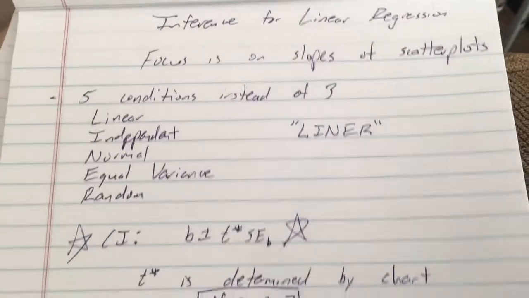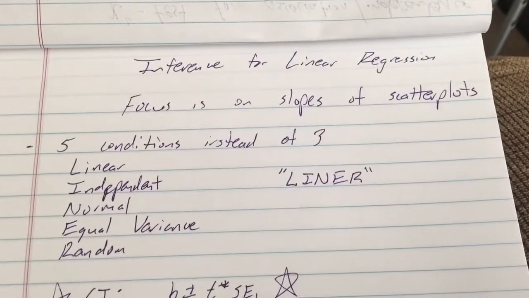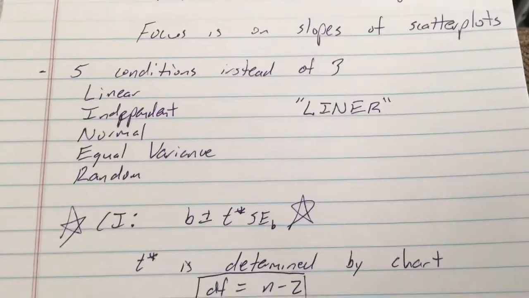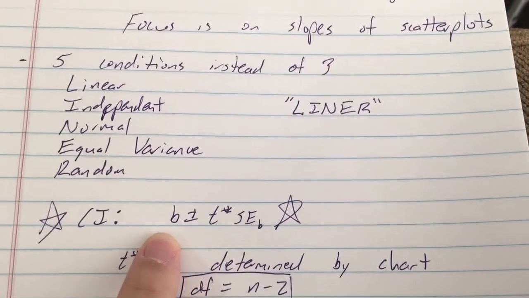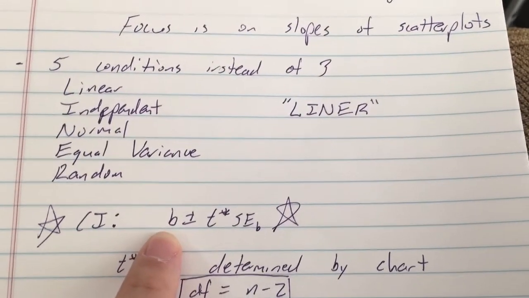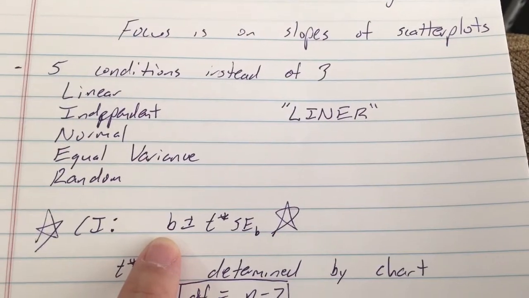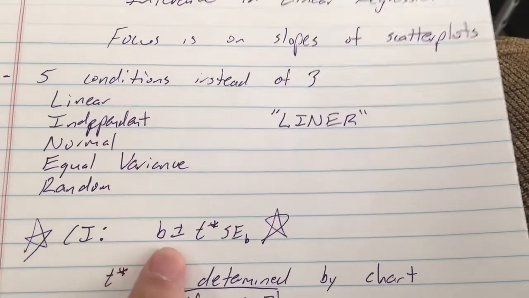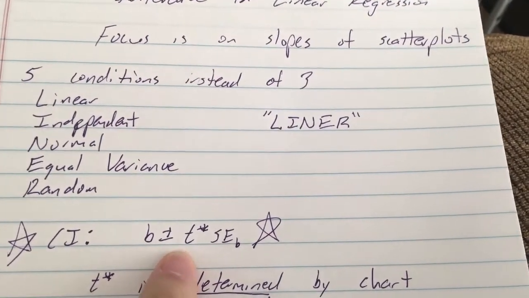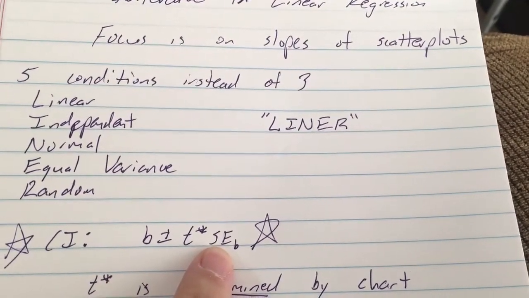All right, so this section covers confidence intervals and significance tests. The confidence interval is a really basic formula. It's lowercase b, which stands for the sample slope, the slope of the sample that you're looking at, plus or minus the t-score times the standard error.